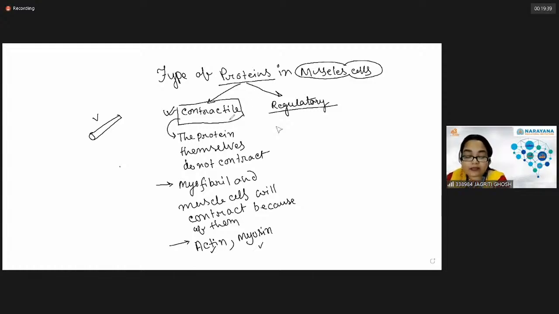Next, what are regulatory proteins? Regulatory proteins decide when contraction and relaxation will happen. So they are the masterminds.